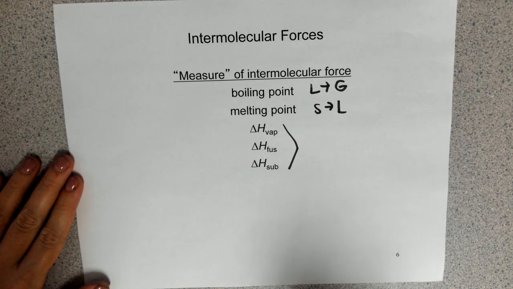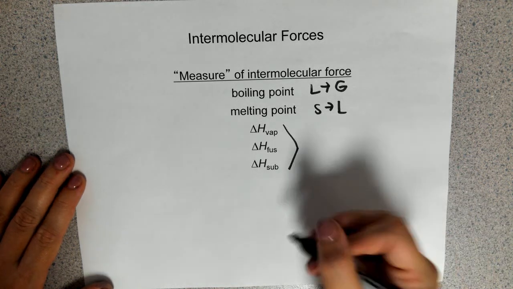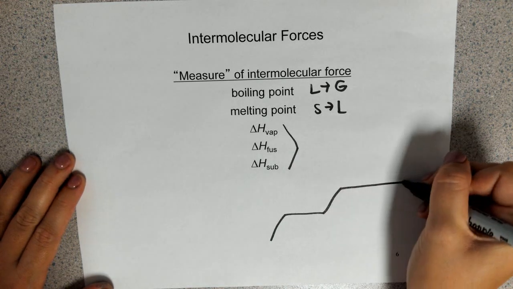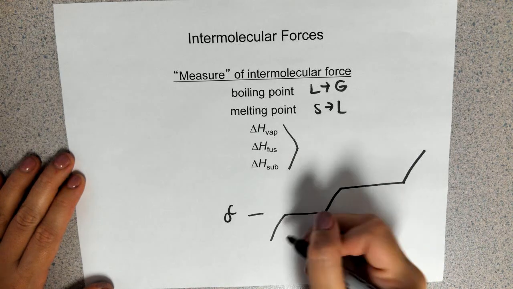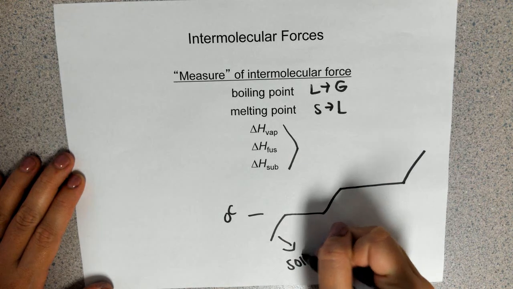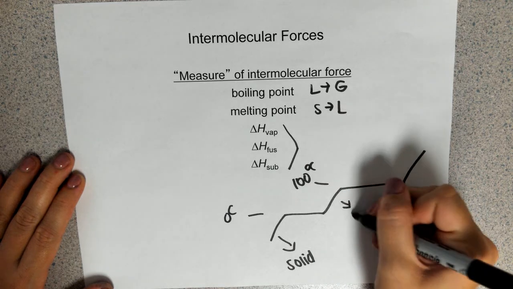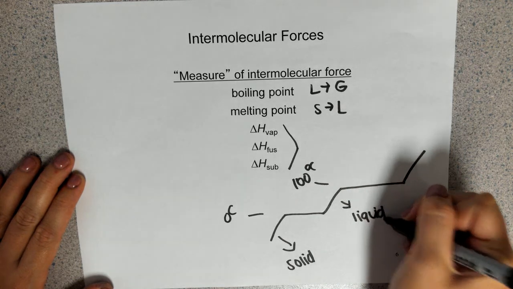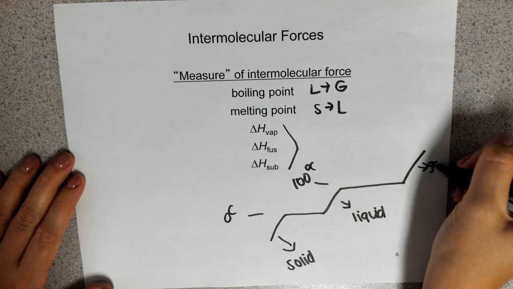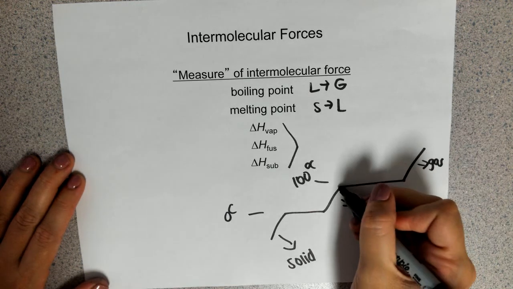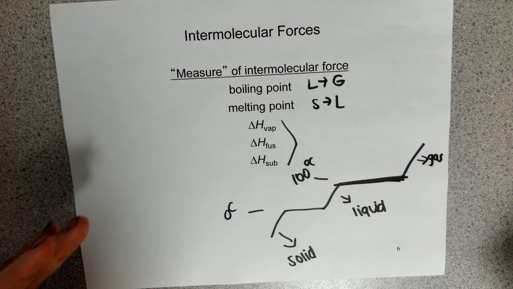You might not remember it, but whenever I look at, let's say, a heating curve of water, water at 0 degrees Celsius is a solid. From 0 to 100, it is a liquid. And then from 100 up, it is a gas. So enthalpy of vaporization was this flat line. This is where the phase change actually occurs.